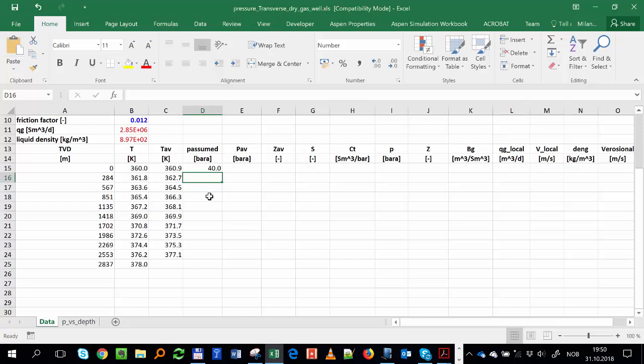That's about 3 degrees every 300 meters. So let's see if I made the calculation correctly. Plus 3, and then I drag it down. Maybe 6. Final calculation, 88.